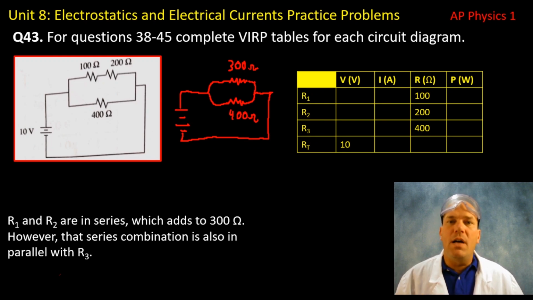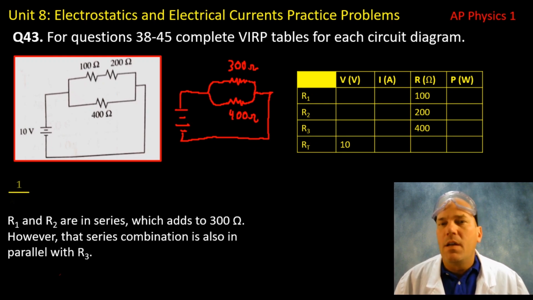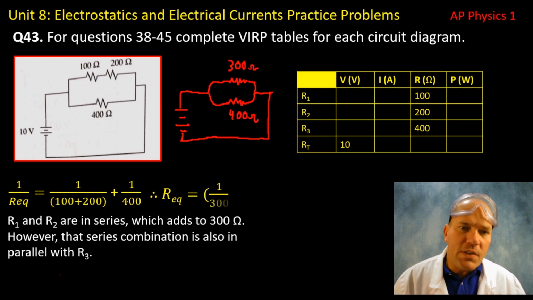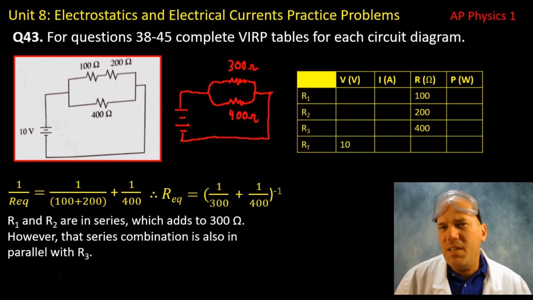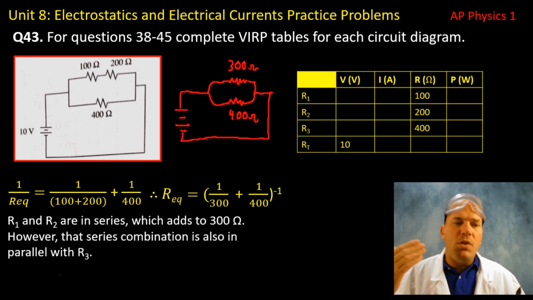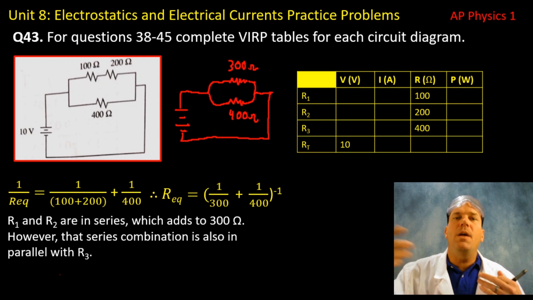simple parallel circuit here. Next, calculate the equivalent resistance. And doing so, the major misconception here is students will do the 1 over 100 plus 1 over 200 plus.